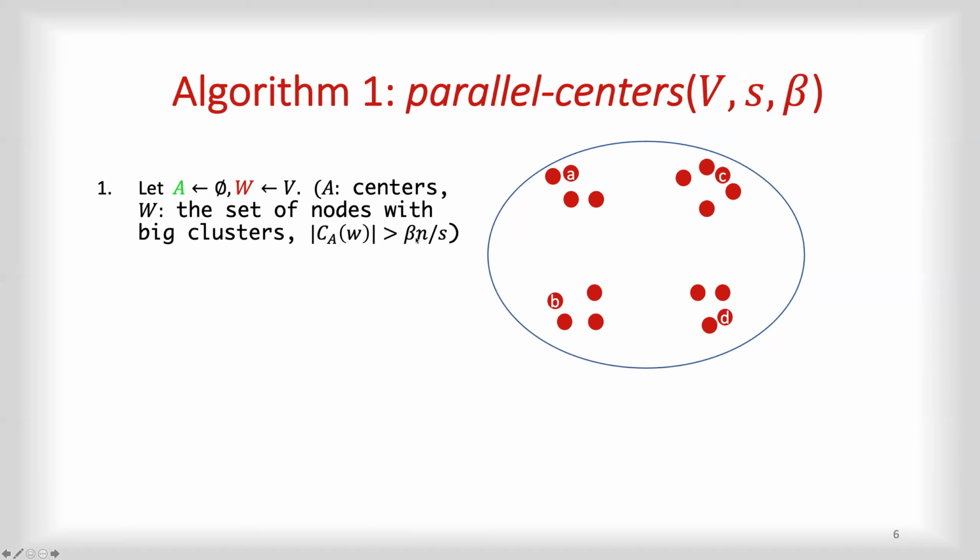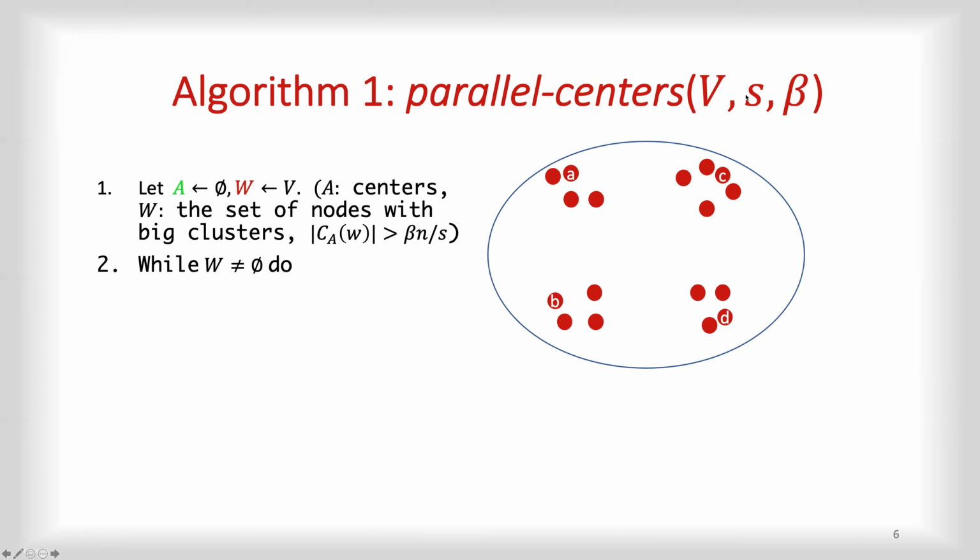We would like to provide centers such that the cluster of each of these vertices is small enough, meaning at most beta times n over s. And beta is a parallelism parameter that we introduce in this algorithm.